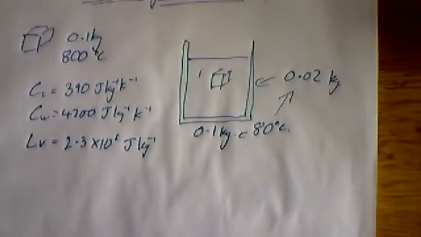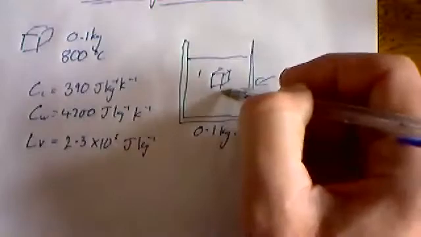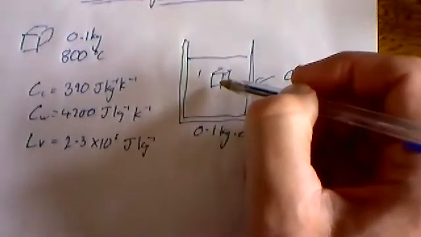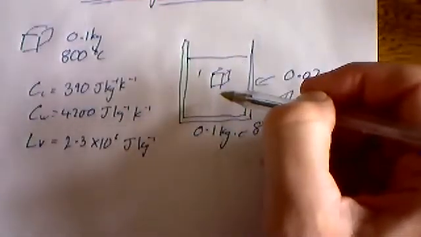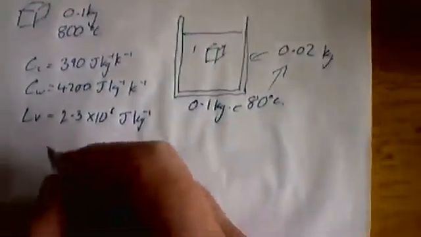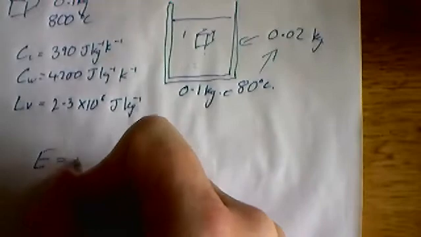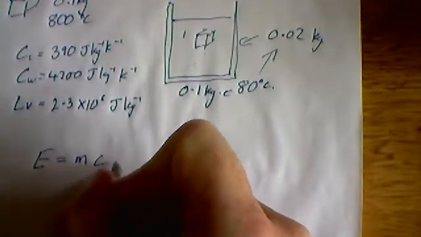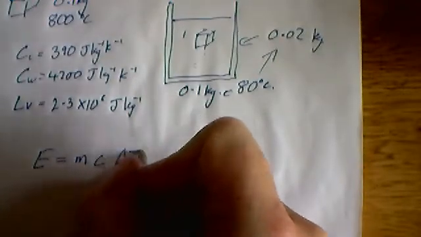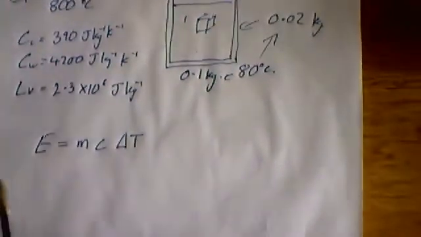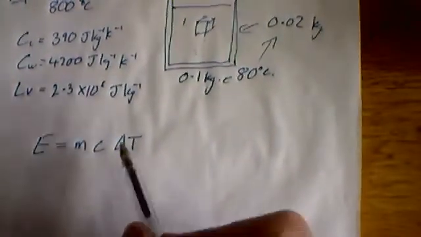So the copper is going to go into here, and it's going to drop its temperature down to 100 degrees. Our energy lost is going to be mc delta T. Now, I've realized that with the other videos, I was doing a bit of a shortcut here.